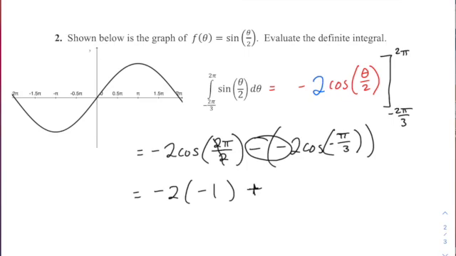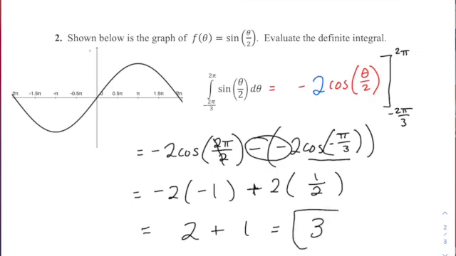Just made that plus 2 times the cosine of negative pi over 3. Cosine of pi over 3 is 1/2, and negative pi over 3 is in quadrant 4, where cosine is still positive, so it's positive 1/2. And so here we go. We simplify and we get positive 2 plus 2 times 1/2, which is 1. And our final answer is 3.